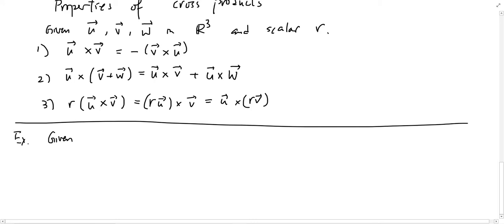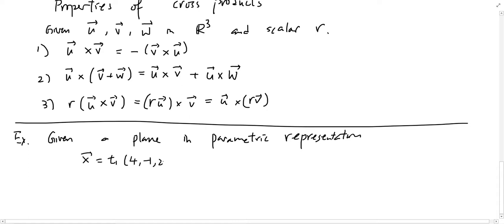Let's say we are given a plane in parametric representation: vector x is equal to t1 (4, negative 1, 2) plus t2 (negative 1, 3, 5) plus (1, 7, negative 2). What I'm going to do is rewrite it in standard form.